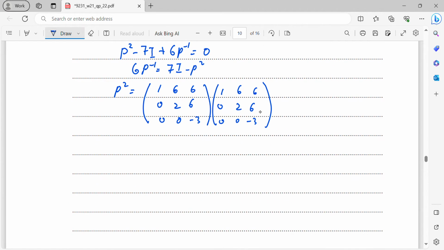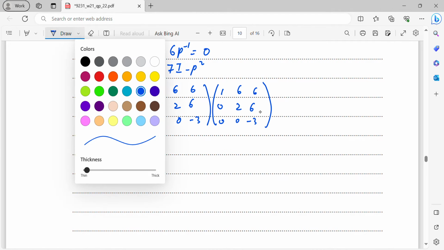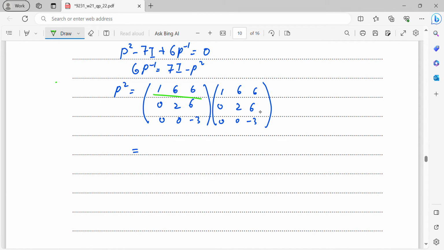So when you multiply this, row times column, and then you add together. So 1 times 1 plus 0 times 6 plus 0 times 0, and so on. Then you will be getting this whole matrix. So 1, then here is going to be 18, then 24, 0, 4, minus 6. So you just do the calculations, 0, 0, 9. Okay, that is our P squared.